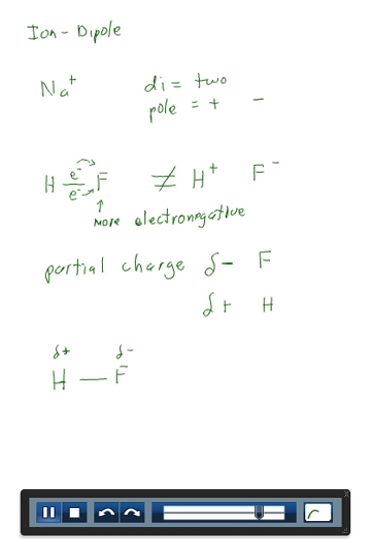It's just that hydrogen's electron spends a little more time on fluorine than it does closer to hydrogen. This produces a dipole because there are 2 poles or 2 charges, the plus side and the minus side, and it's permanent. This dipole is permanent, meaning that it doesn't change over time.